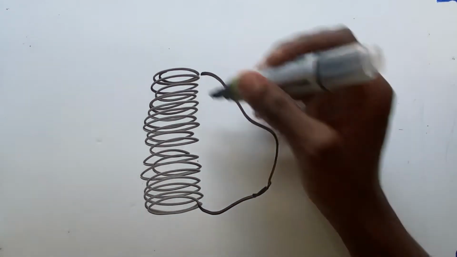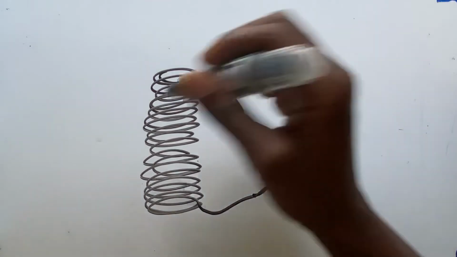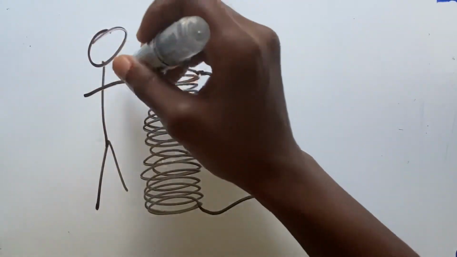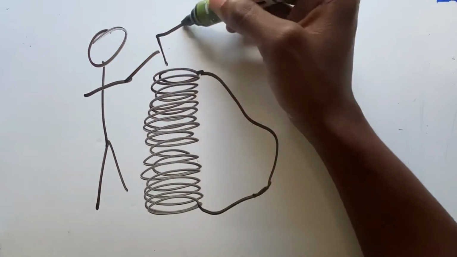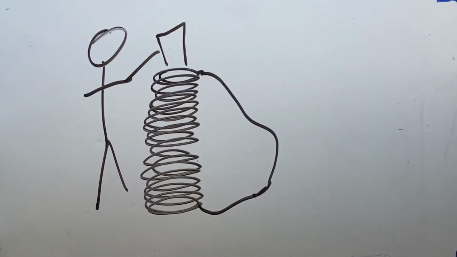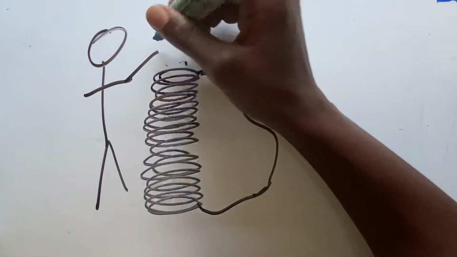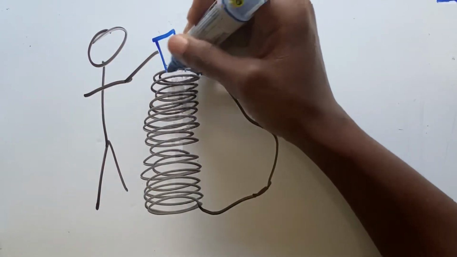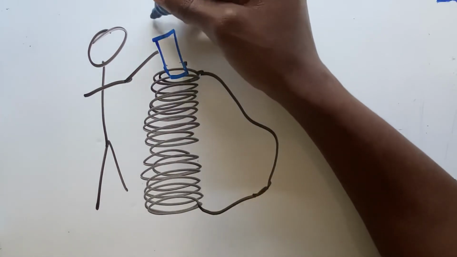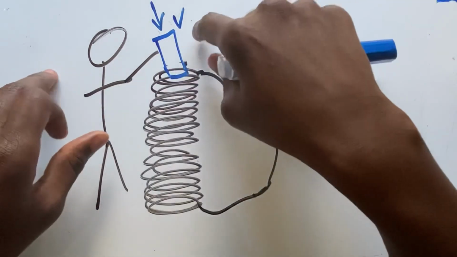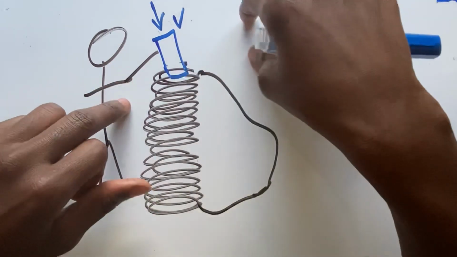They're connected over here. And there's a picture of a person trying to push a magnet into the loops. So this person is trying to push this magnet downwards into the loops.